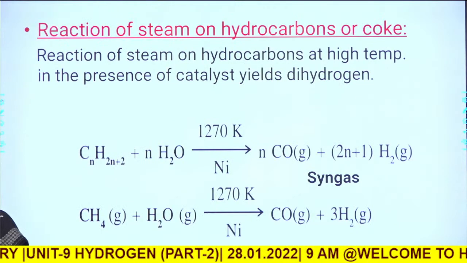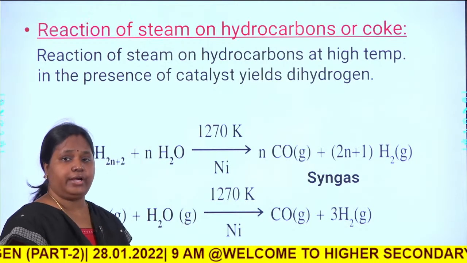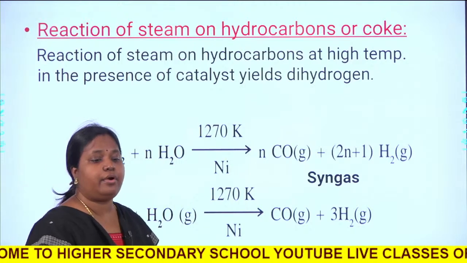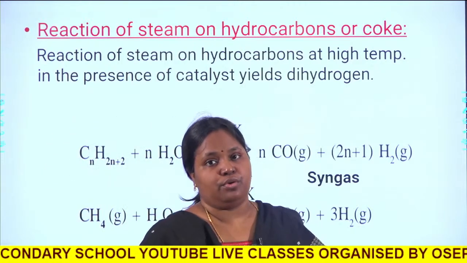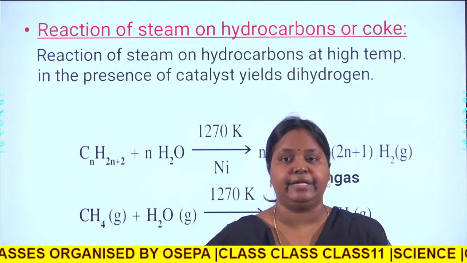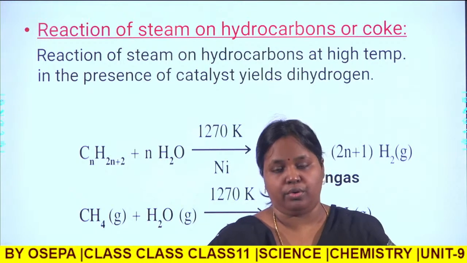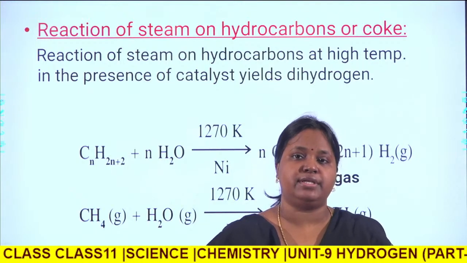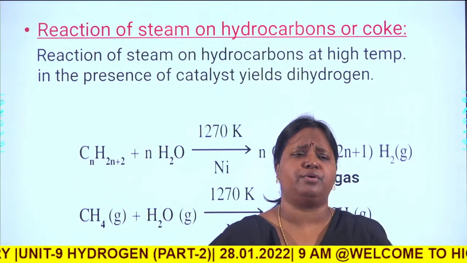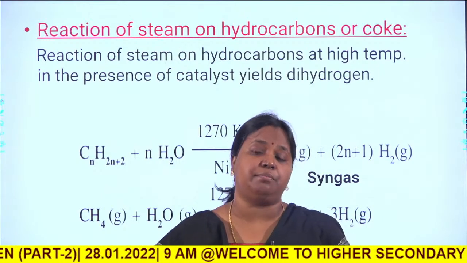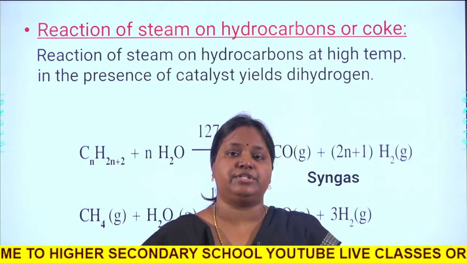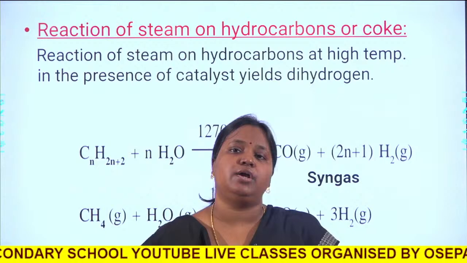Now let us see the second reaction of preparation of hydrogen, that is the reaction of steam on hydrocarbons or coke. Coke is what you know as coal, heated in the absence of oxygen, so that volatile impurities and moisture evaporate. Coke is energetically more favorable than coal for the reaction.